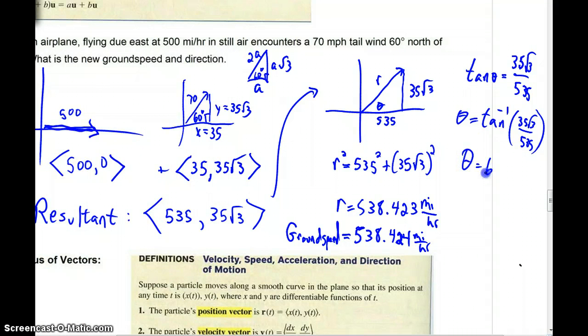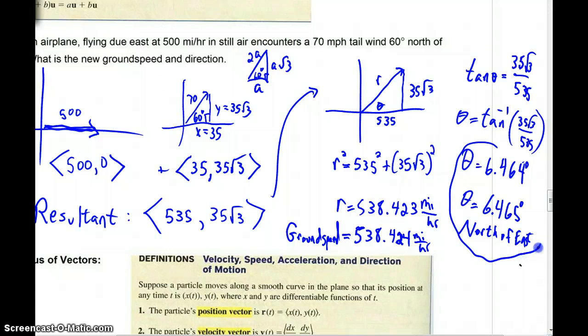So that's 6.464 degrees. Could also round up. Both answers would be accepted. But that's that many degrees north of east. So this wind has not only changed the ground speed, or the speed of the airplane, it's also changed where it's headed.